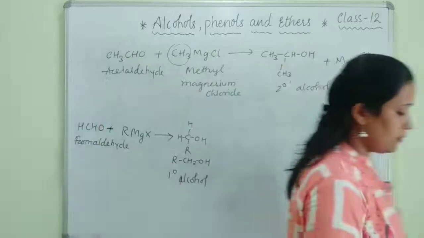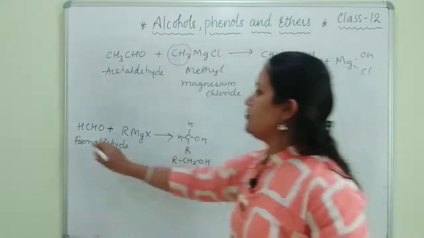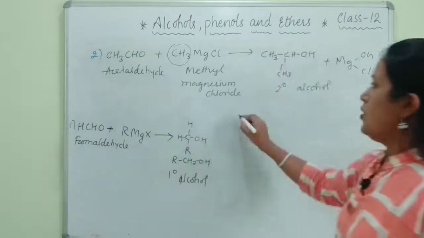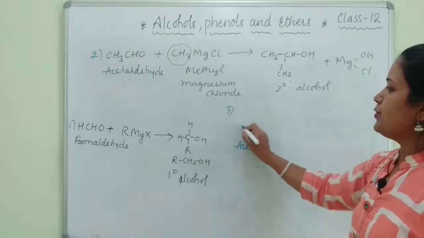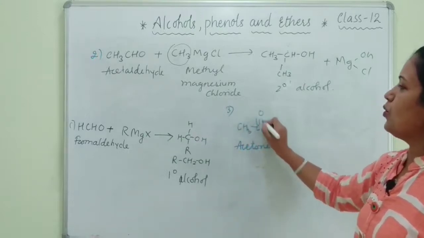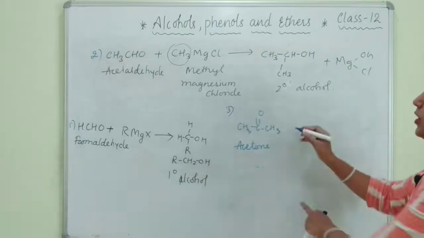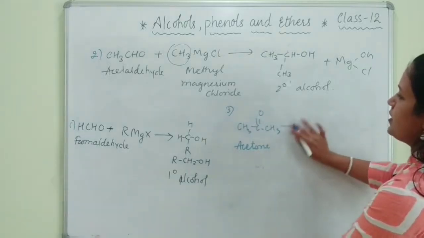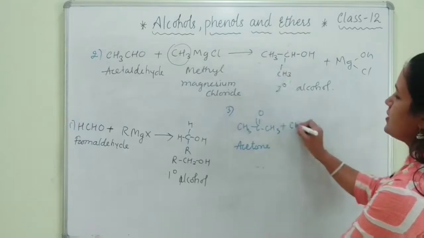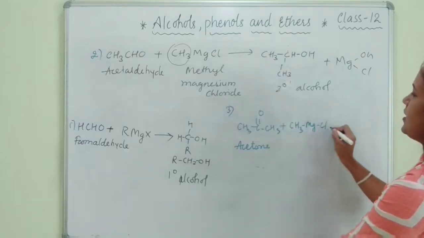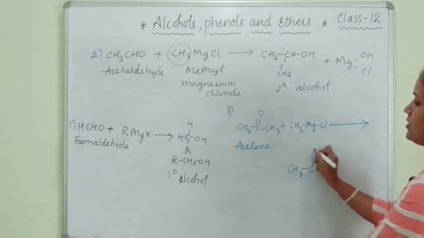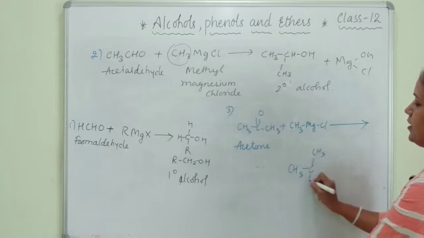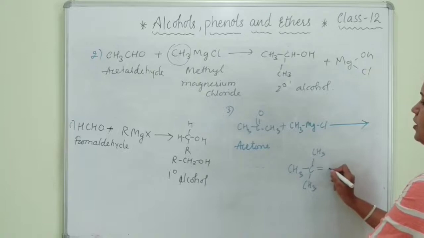Similarly, students, we can solve one more question. This is first, second, and now third. In third, I am taking acetone. The formula of acetone is CH3C double bond O CH3. When it reacts with CH3MgCl, we can get the product CH3, then one more CH3, single bond OH.